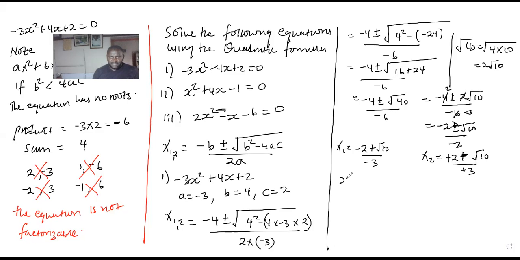So can you get me the values? X1 is what? And X2 is given by what from the calculator? X1 is negative 0.3874.